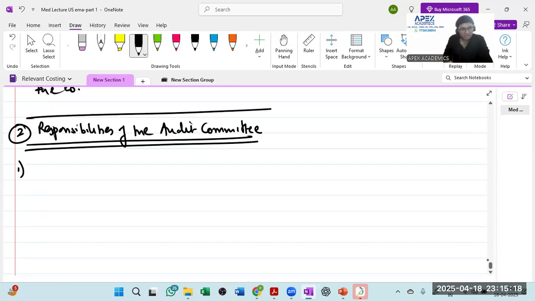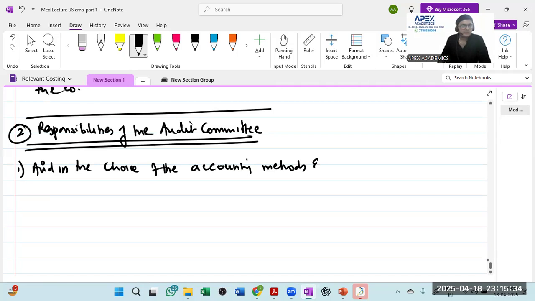Number one, they can aid in the choice of the accounting methods and policies.